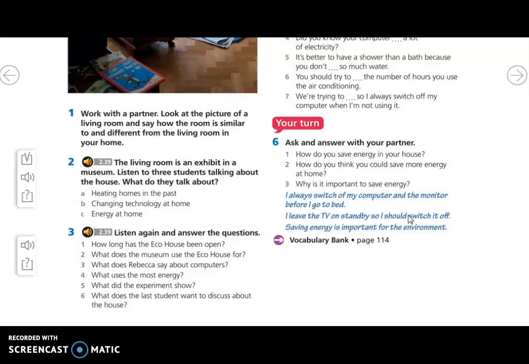Was a lot of energy saved by reducing the temperature in the house? Yes, it was. About 25% of energy was saved by reducing the temperature by just 4 degrees. Okay, thanks David. So does anyone want to add anything to the discussion? Yes. They didn't talk about recycling much. A lot of rubbish wasn't recycled in the 1980s. What effect does recycling plastic bags or using less paper have on the house? Okay, let's discuss recycling. Does anyone want to begin?